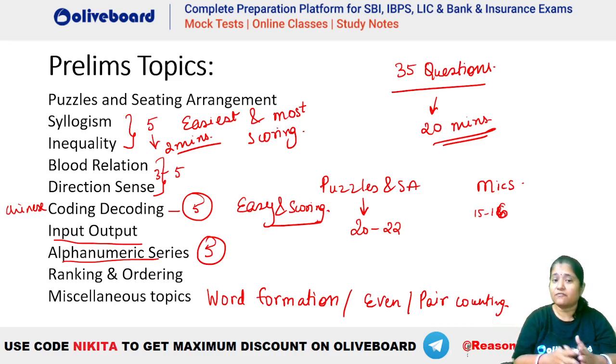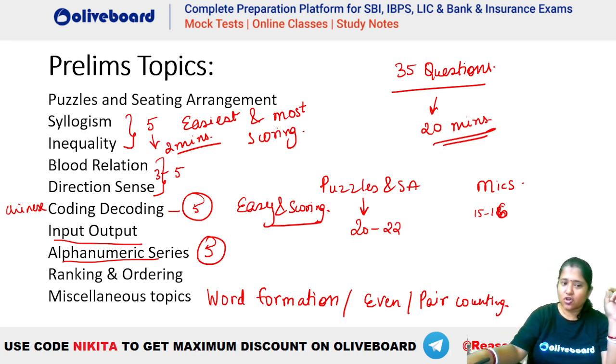Now the level of the questions, guys, they are going to be easy, very, very easy, right? Easy questions will be there. Even if you talk about the miscellaneous questions, nothing will be very tricky apart from blood relation and direction sense, guys. These 2 topics have been coming in the recent past. They have been tricky, right? We have seen in the previous few examinations that blood relation was on the trickier part.